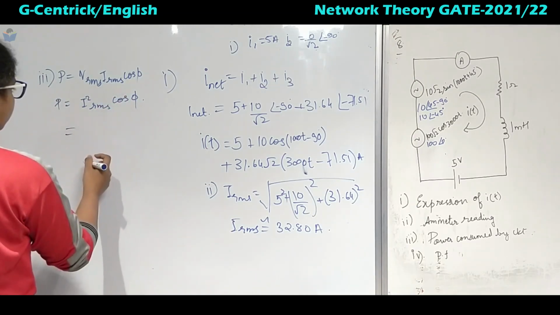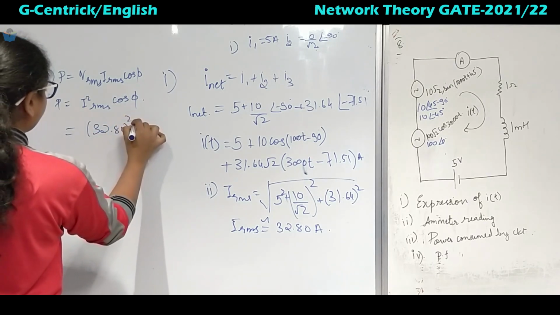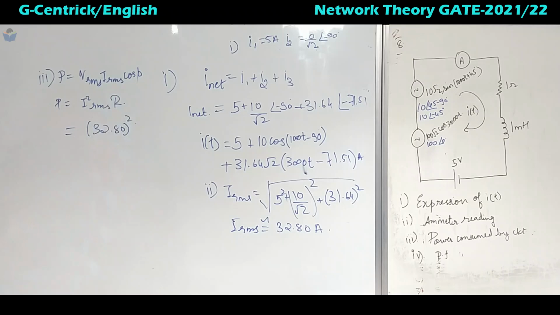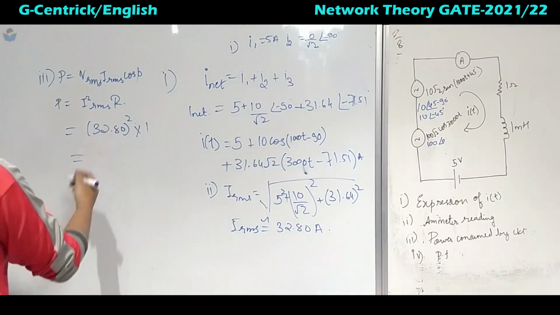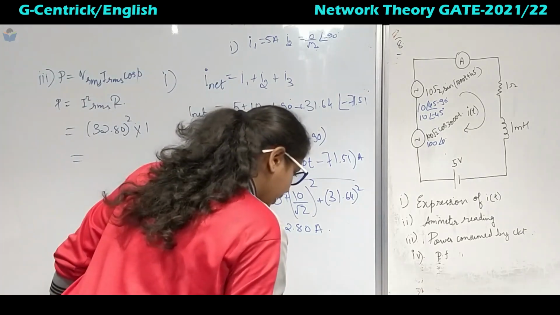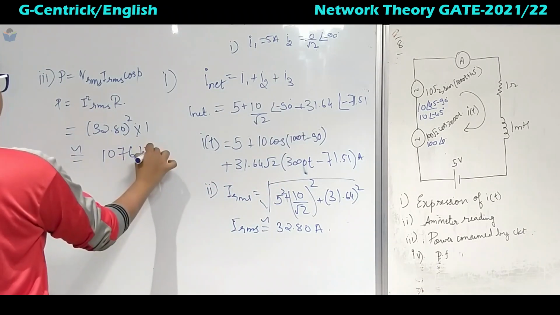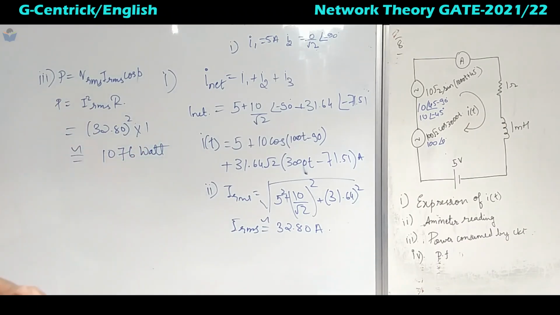So I square RMS into R is 32.80 whole squared, and the value of R is 1 ohm. So we get approximately 1076 watts. This is the power consumed by the resistor.